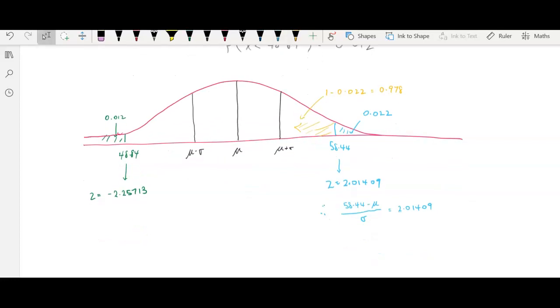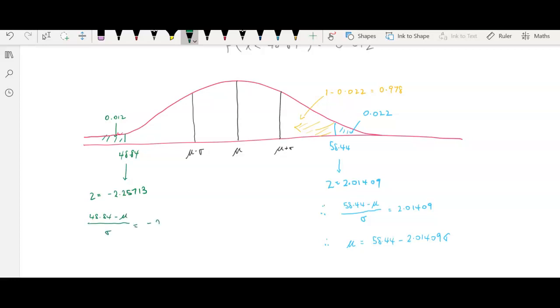Okay, so running this through, I will get mu equaling, I'm doing a few steps here in my head, 58.44 minus 2.01409 sigma. And over here in green, I'm going to have 48.84 minus my mean over standard deviation.